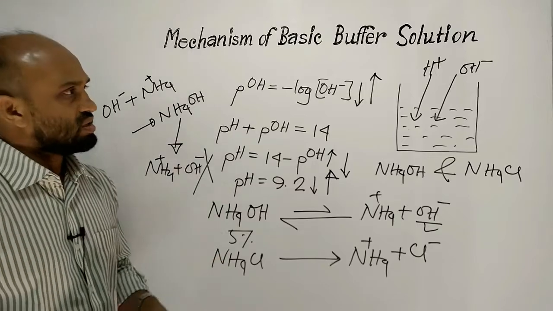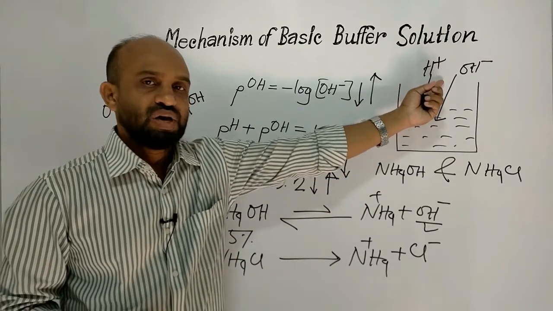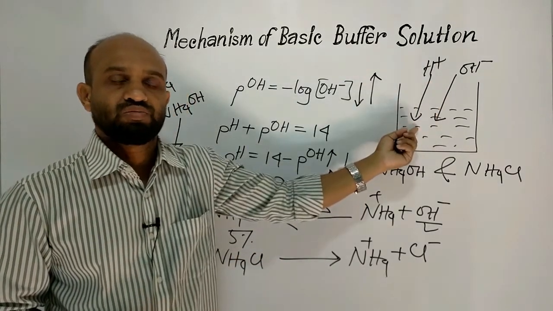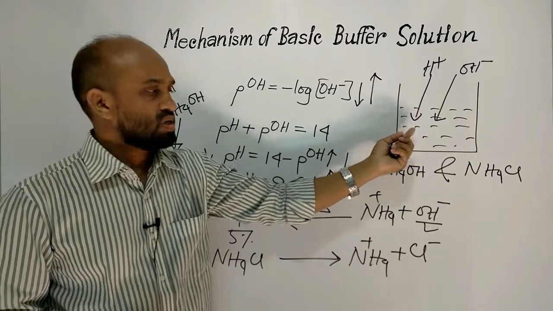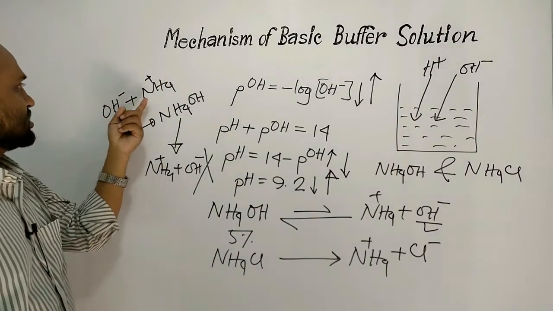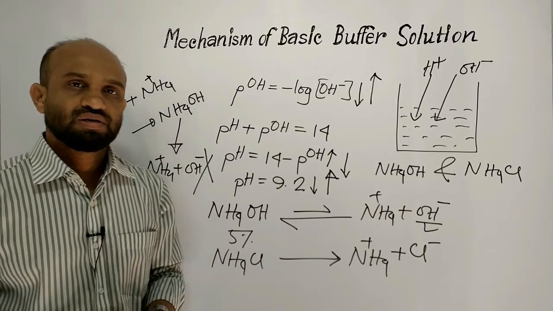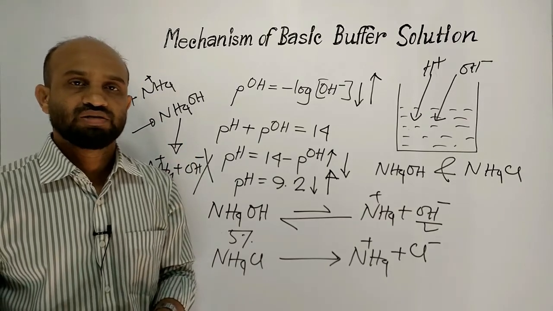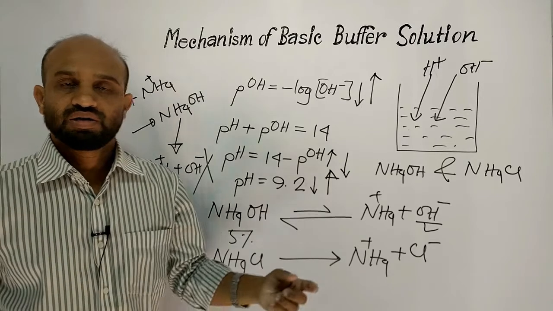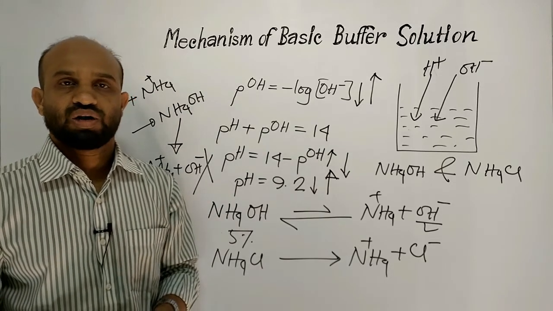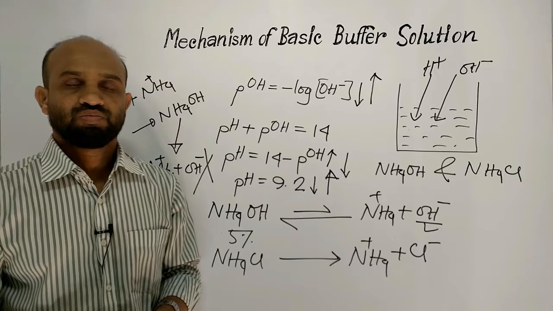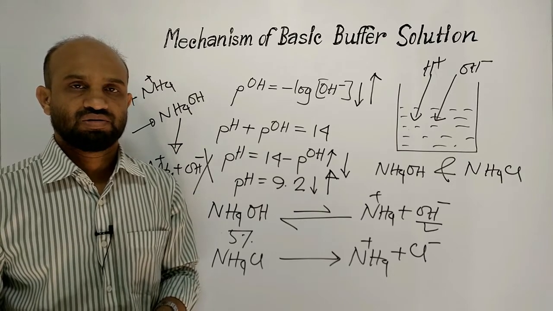In this way, base added to basic buffer solution is consumed by ammonium ion, and ultimately pH value remains constant even after adding a small amount of base to basic buffer solution.